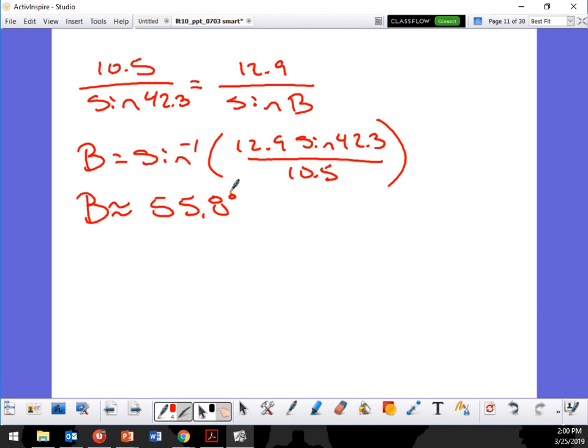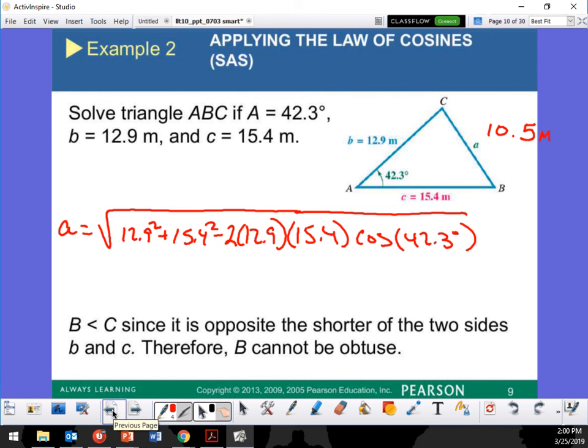Now, look at the information I had starting off with. I used this side, this side, and this angle right here. That's angle side side, so what do I have to look out for?